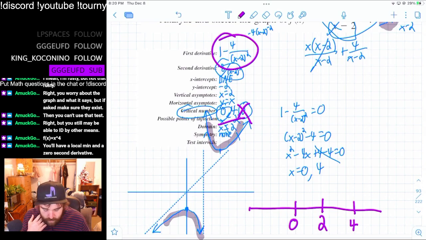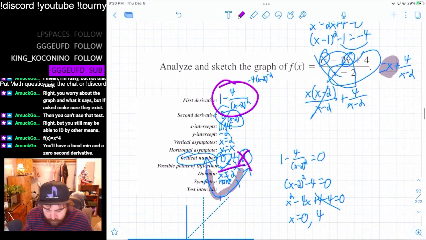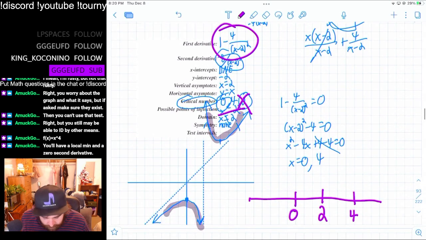So if I plug in on the left of 0, plug in a negative 1, I get 4 over 9. 1 minus 4 over 9 is positive.